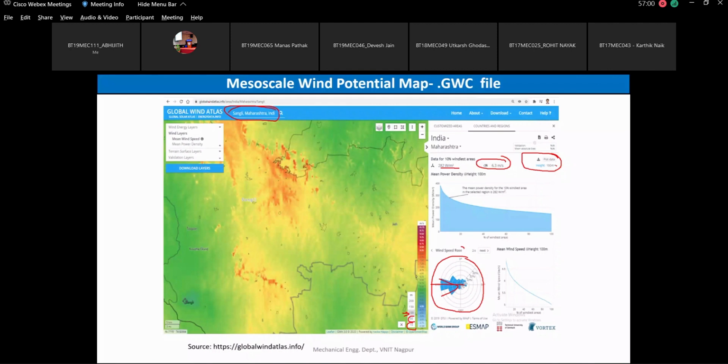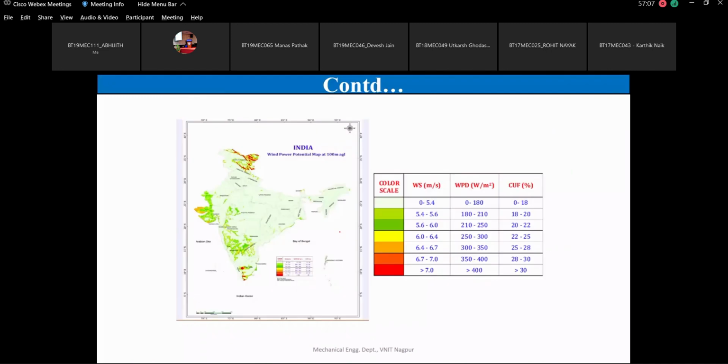So here this is the Wind Atlas data. This red color means the highest wind speed zone. Here is Kerala, the Tamil Nadu side.